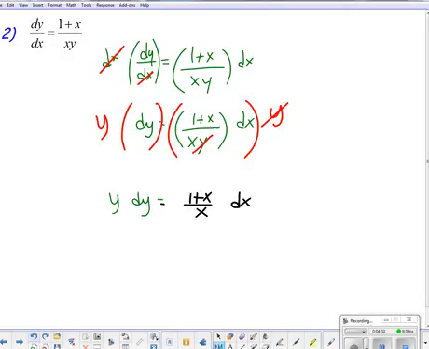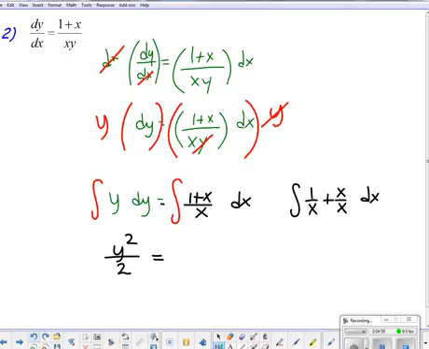And let's introduce an integration. Let's integrate both sides. And we know the integral on this side will be y squared over 2 is equal to, oh, what are we going to do with that right side? Well, one technique we could do, we could shift this into the integral of 1 over x plus x over x dx.